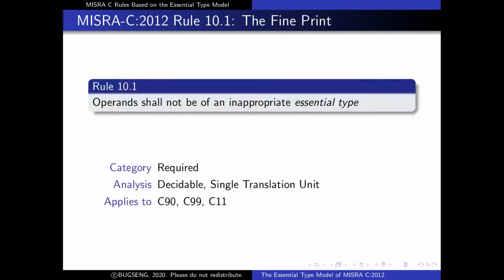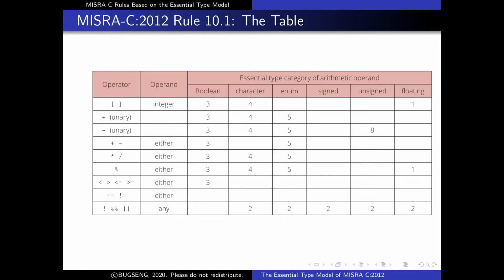So what does appropriate mean? There is a table, and here is the first part of the table. When a cell contains a number, the number is an explanation saying why not. For example, you cannot address an array with a Boolean, for the reason in note 3.